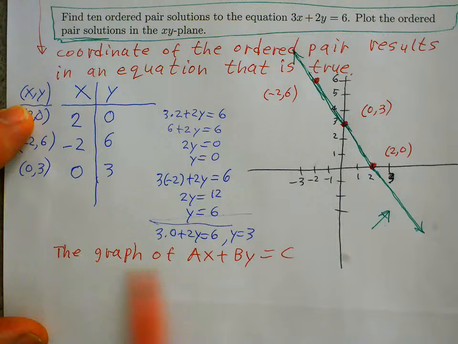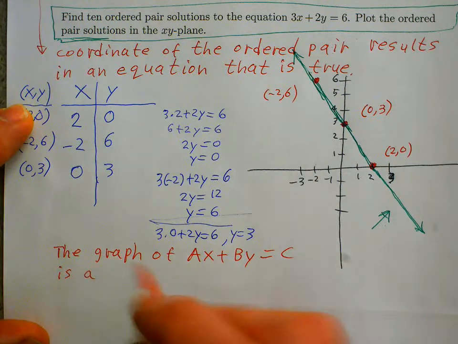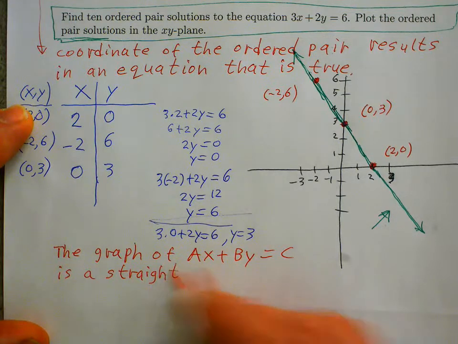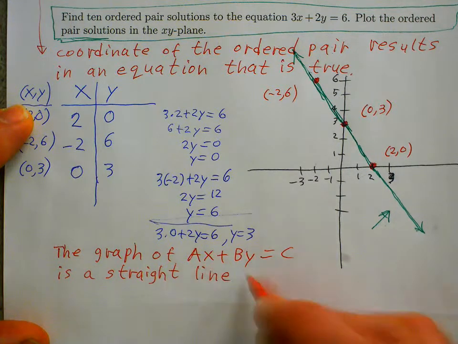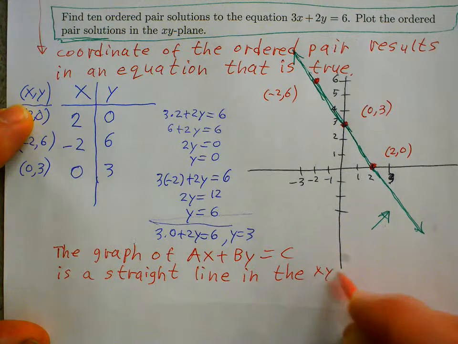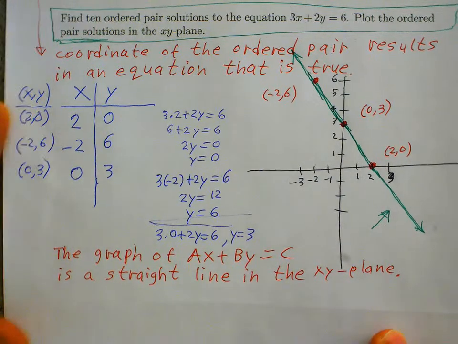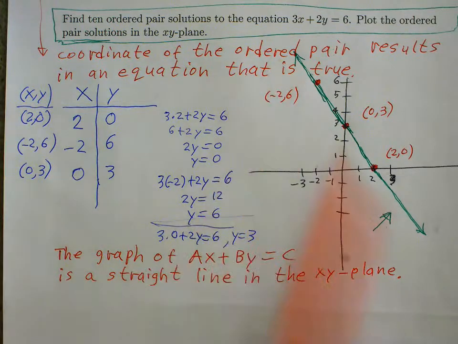The graph of ax plus by equals c is a straight line in the xy plane, and the graph itself represents the infinitely many solutions. It passes through all of the solutions, all of the ordered pair solutions.